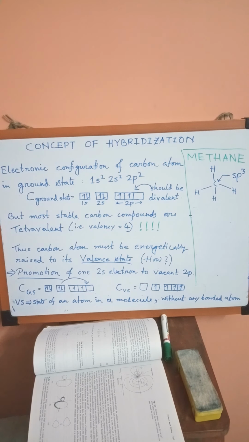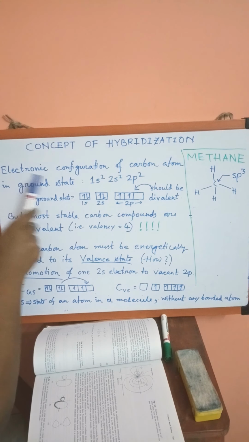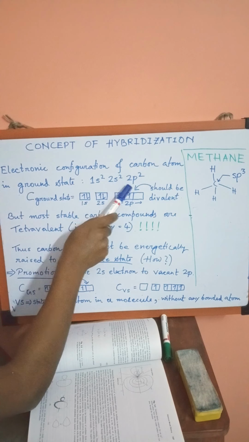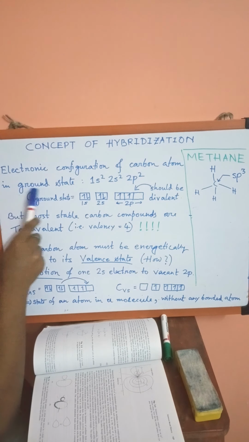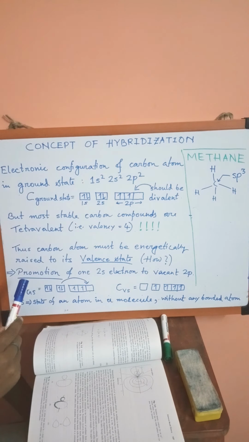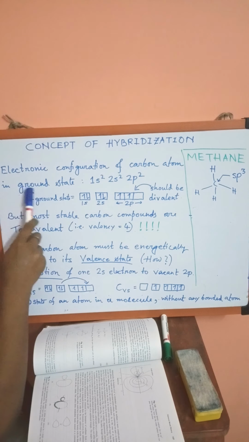Now let us see the electronic configuration of carbon atom. It is 1s2 2s2 2p2. The important thing is that whenever you talk about electronic configuration, you have to consider it in the ground state.